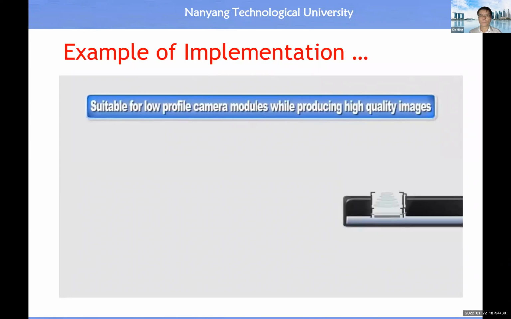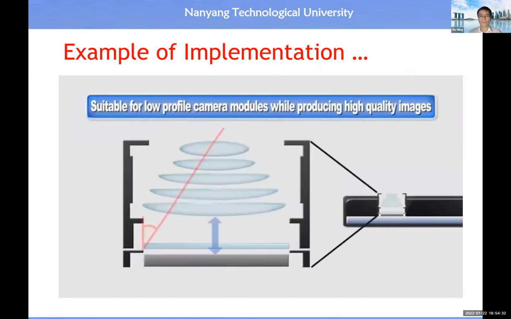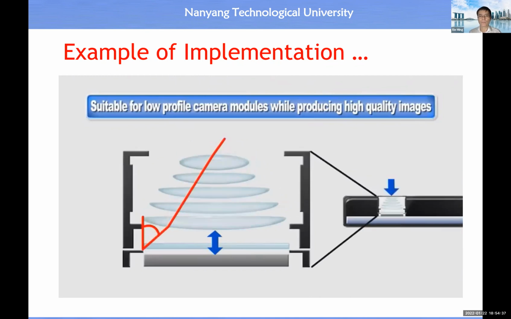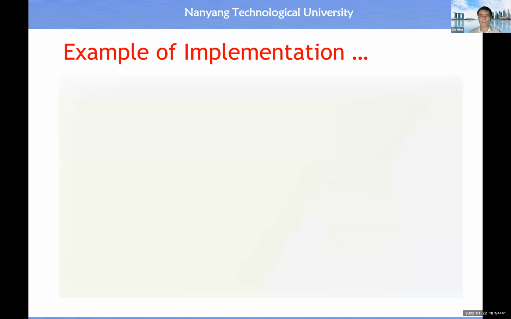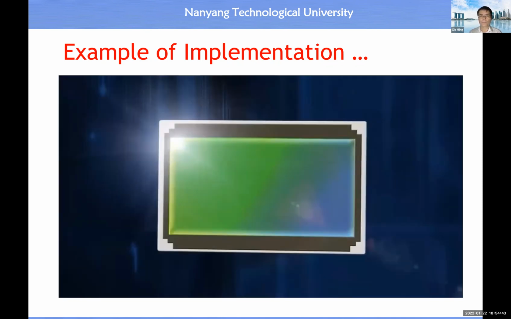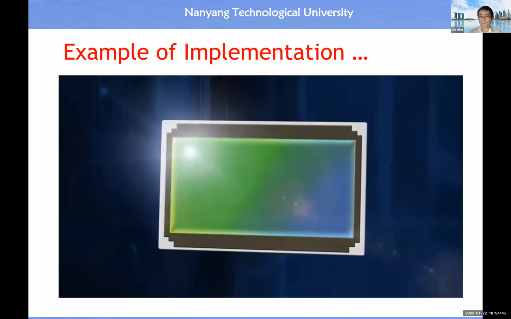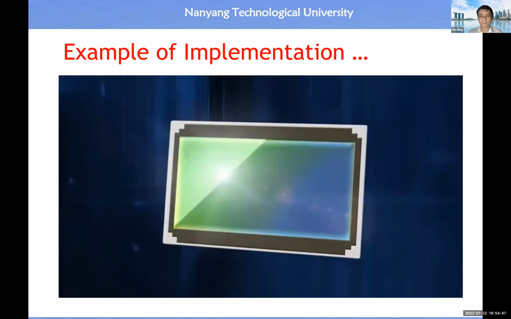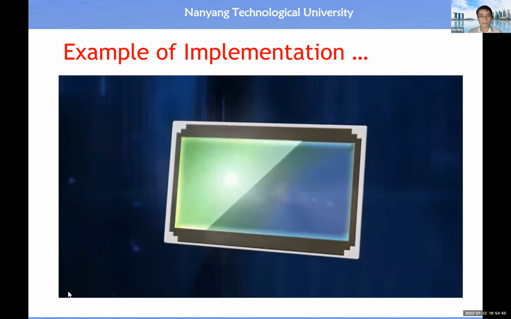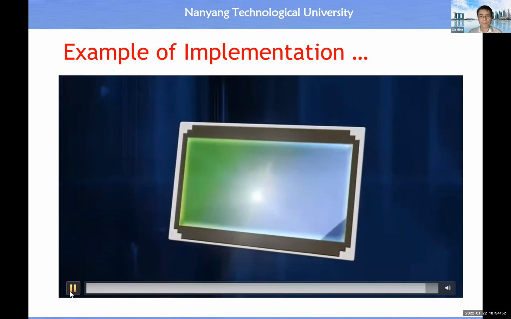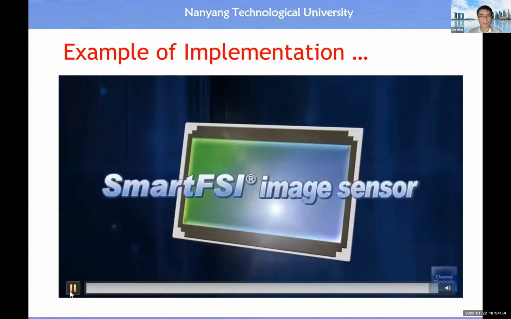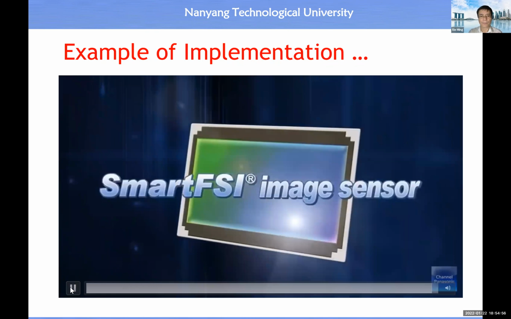Furthermore, a wider incident angle can shorten the distance between the lens and image sensor, thus enabling camera modules to become thinner. Panasonic can deliver leading-edge know-how, producing high-quality pictures even in low-light conditions. The Smart FSI image sensor, ideal for camera modules, takes camera technology to another level.